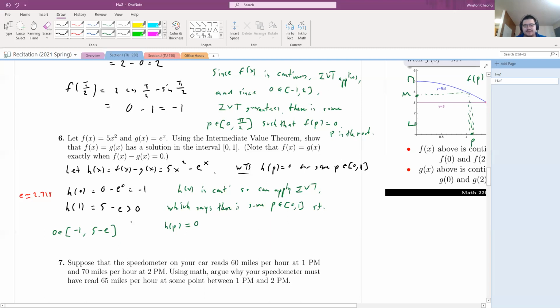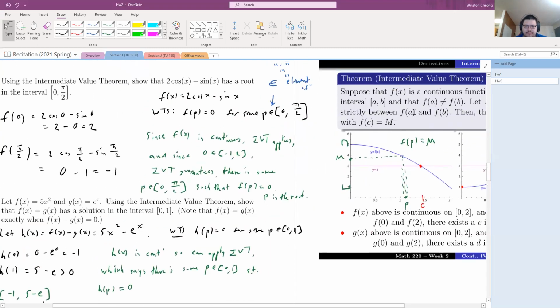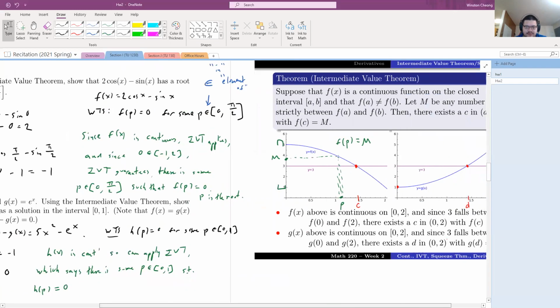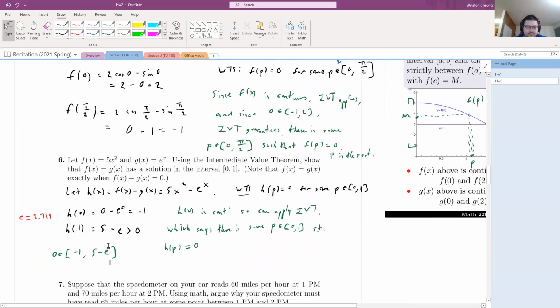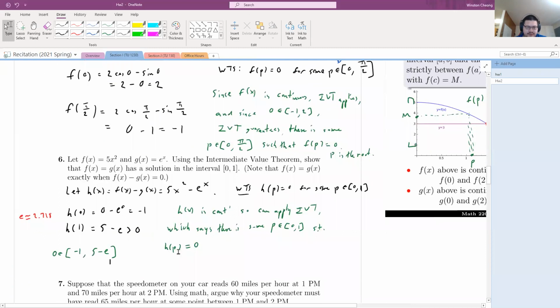This is the output window on the y-axis, f of a and f of b in the statement of IVT. And we know 0 is in between this, so IVT says there is some p such that the function evaluated at p will give you this value 0.